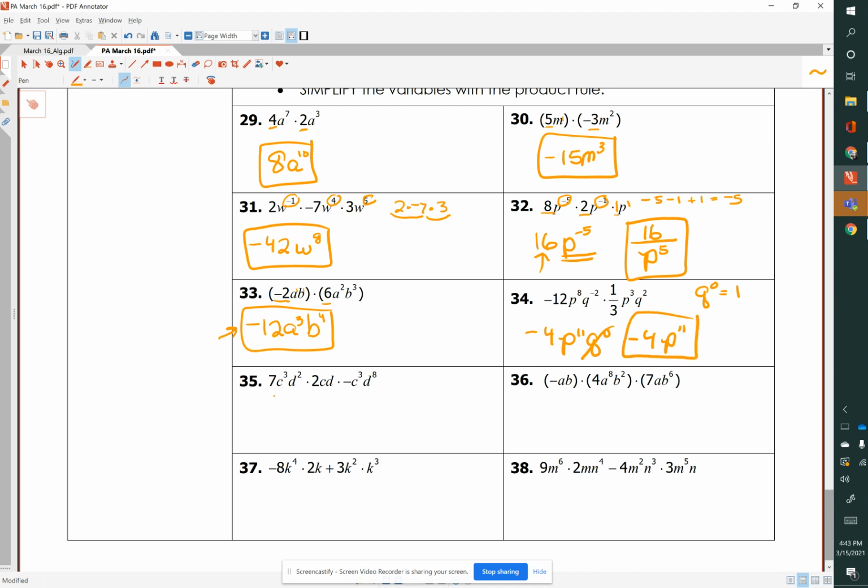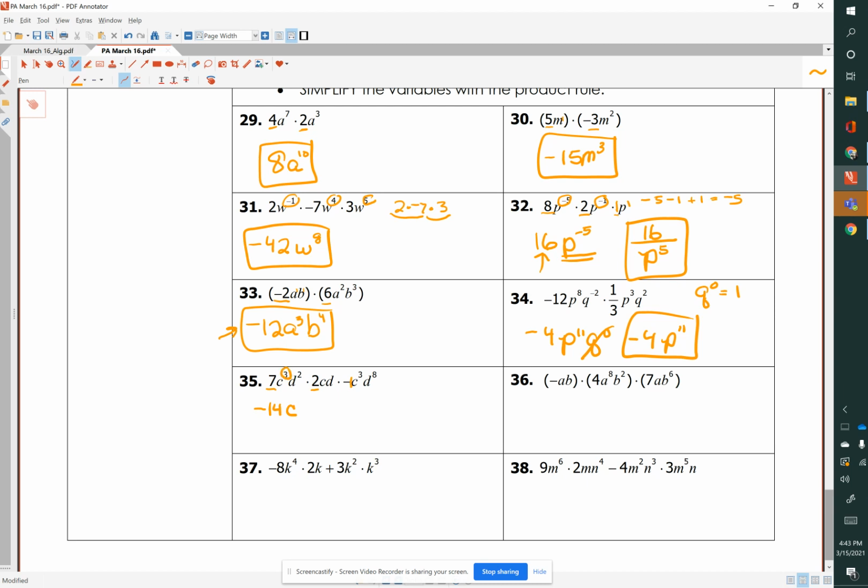Number 35, 7c to the third d to the second power times 2cd times negative c to the third d to the eighth. So we have 7 times 2 is 14 times negative 1. We have an invisible 1 here. So that's negative 14.